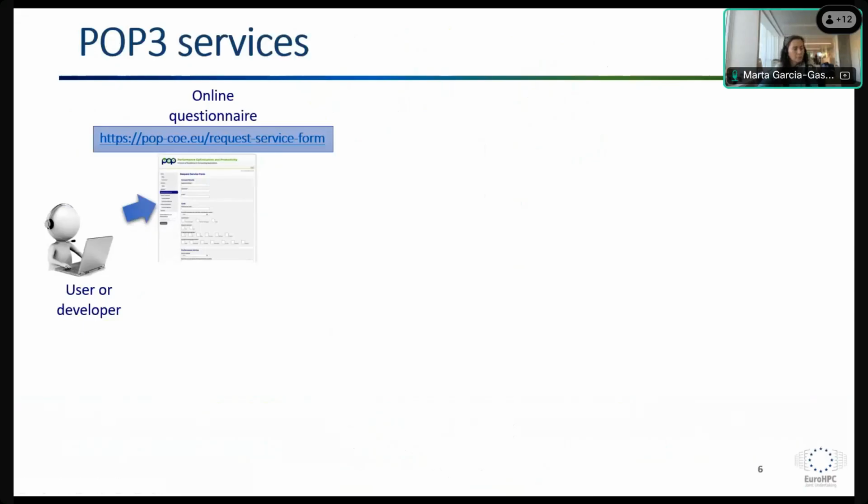So we have a public form through which any customer can request the assessment or the service. Once this form is filled, we contact the customer and ask a set of technical questions, such as which kind of assessment they want. One of the most important ones is, where do you want your assessment to be done, in which cluster, and who will obtain the traces.